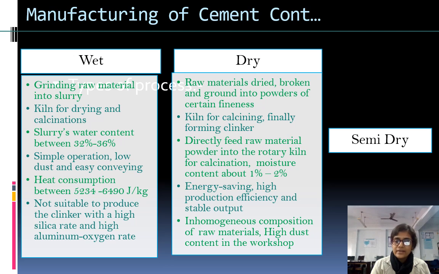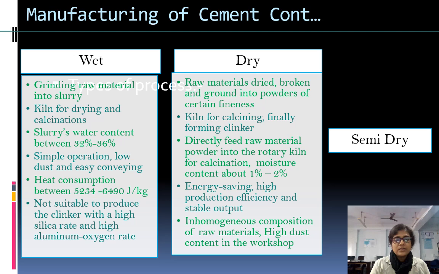Comparing wet and dry processes, wet is a comparatively simpler operation. It has low dust and easy conveying because it's in slurry form. Whereas in the dry case, a lot of dust is expected from this process, but it is energy saving, has high production efficiency, and a stable output.